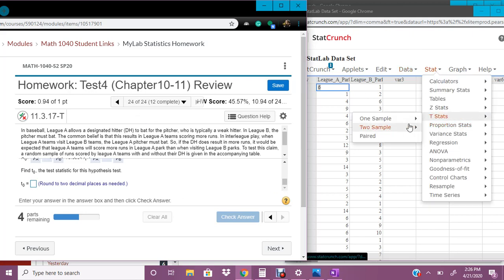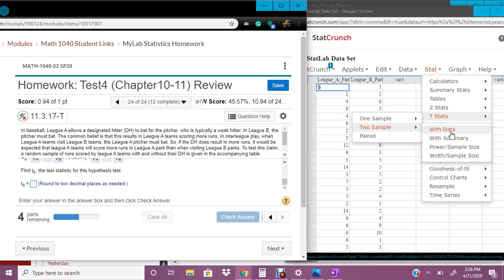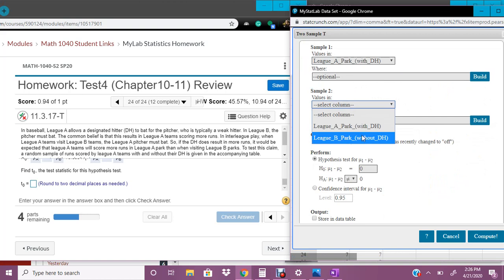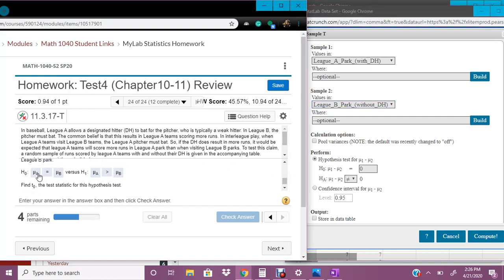So we're going to go to T Stats, two sample with data. Sample 1 is League A, sample 2 is League B, and then we're going to change this so that it reflects this. If the mean of A and B are equal to each other, then if you subtract them, it equals 0.